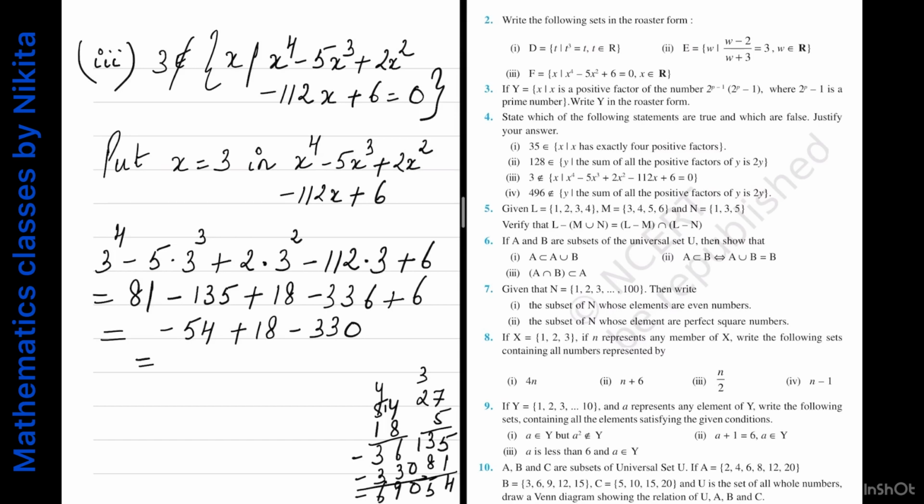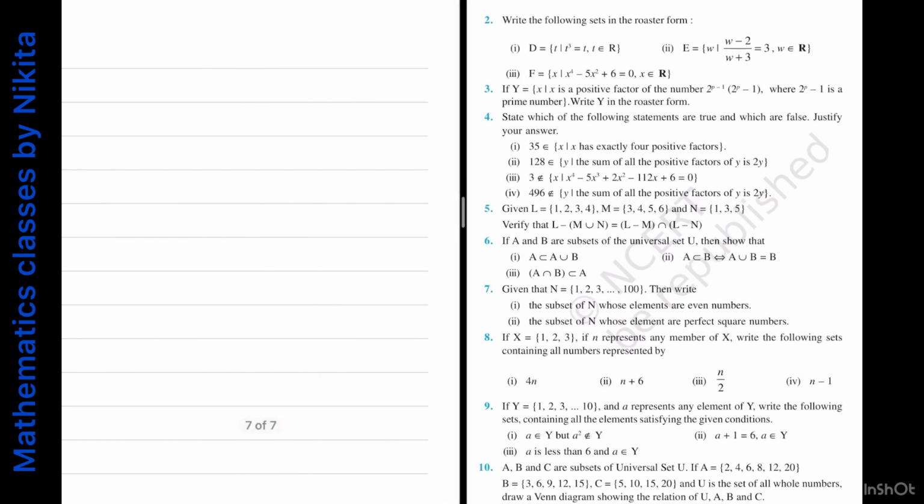So you have minus 36 minus 330, which is equal to minus 366. Okay, which is not equal to 0. So that means 3 is not a solution of this equation. So 3 does not belong to this set. So the given statement is true.